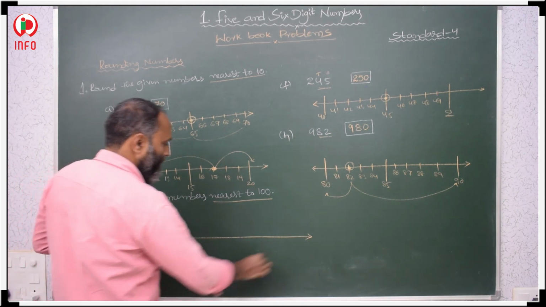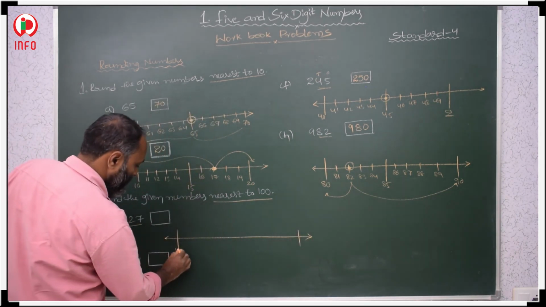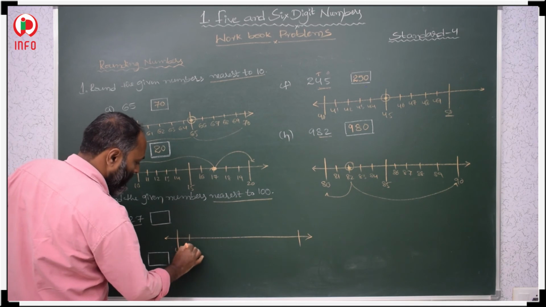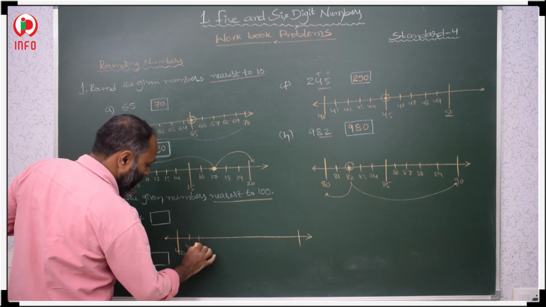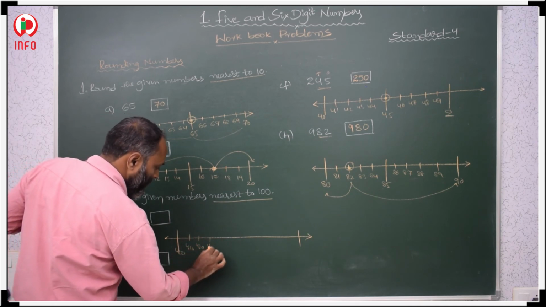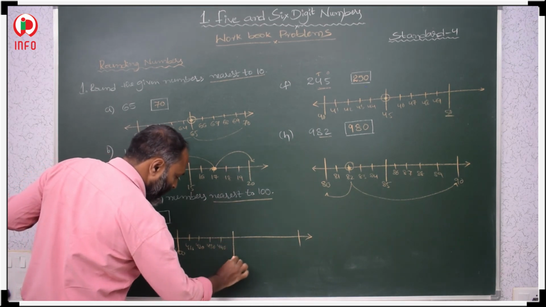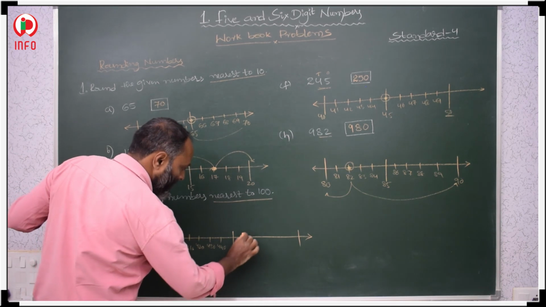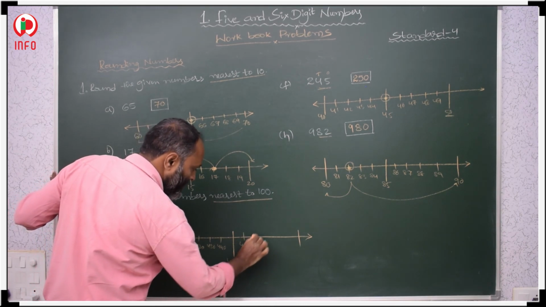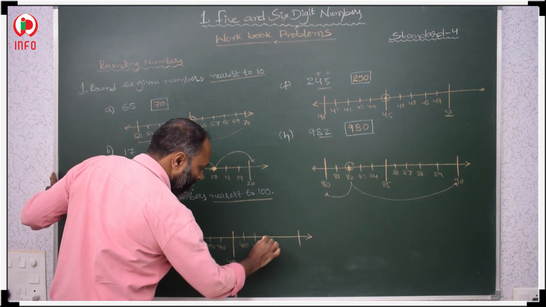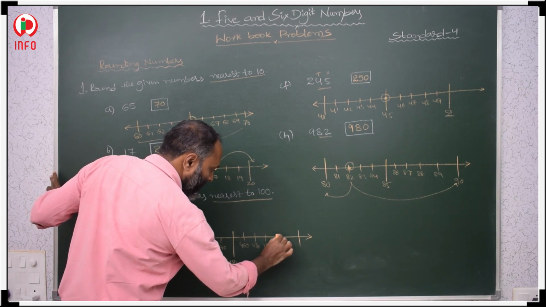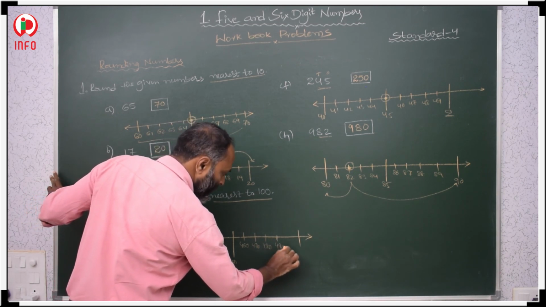Here 400, here 500. This is 400, 410, 420, 430, 440, 450, 460, 470, 480, 490, 500.